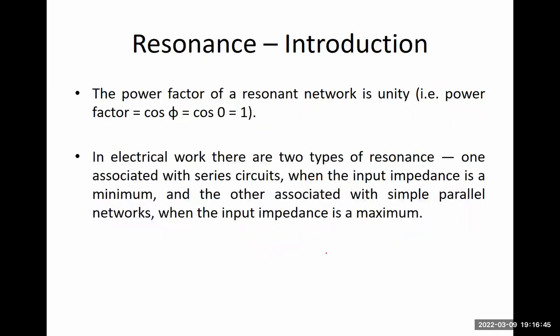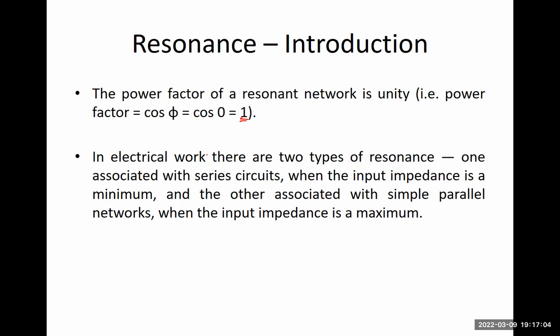And then the power factor of a resonant network is equal to unity. Last meeting we have already discussed what is the main function of a power factor, di ba?